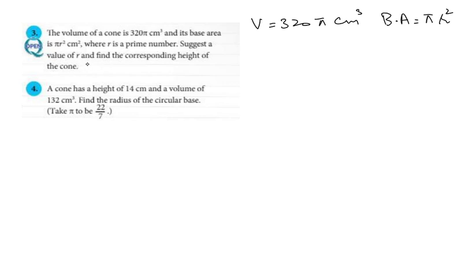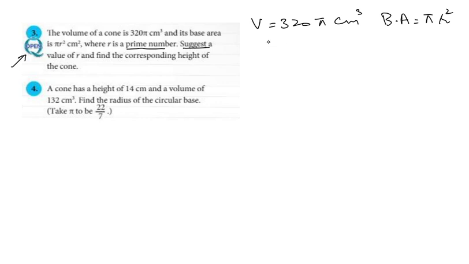Suggest a value of r and find the corresponding height of the cone. You see that we have a sign written as open. It's an open-ended question, as they have given you the authority to suggest a value of r, so you can take any value of r, but keep in mind that value must be a prime number.